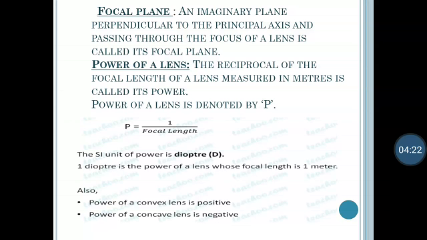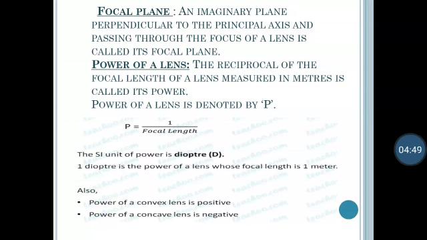Power of a lens is denoted by letter P. If focal length of a lens is measured in meters, then power of a lens is expressed in diopter. So SI unit of power of a lens is diopter, that is capital D.